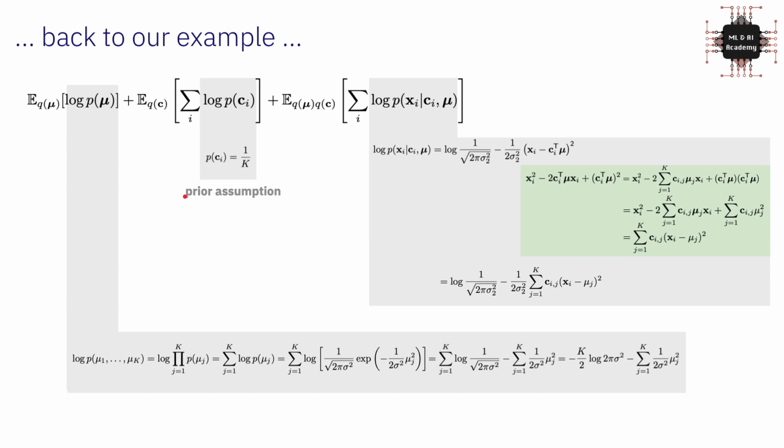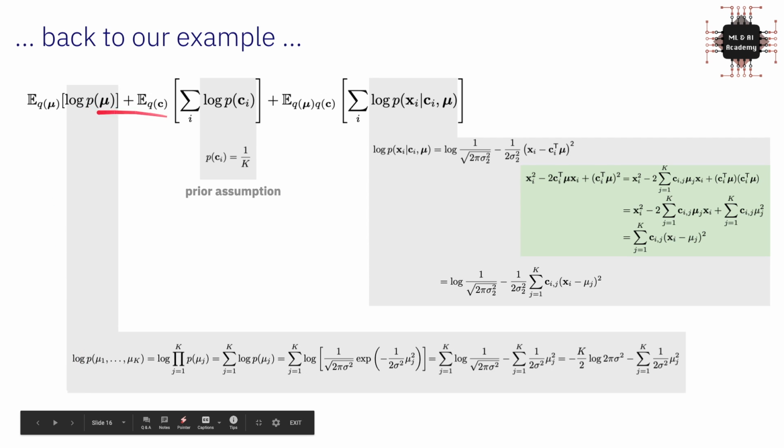So now let us dig deeper. These are just equations, digging deeper into the above. Let's start with log p of mu. Log p of mu is nothing but log of p of mu1 up to mu k, which, because we assume that mu1 up to mu k are sampled IID, we can write as the product from j equals 1 to k of p of mu j with the log. Remember that log of a product is summation of log, and remember that p was a Gaussian with 0 mean and some sigma squared variance.